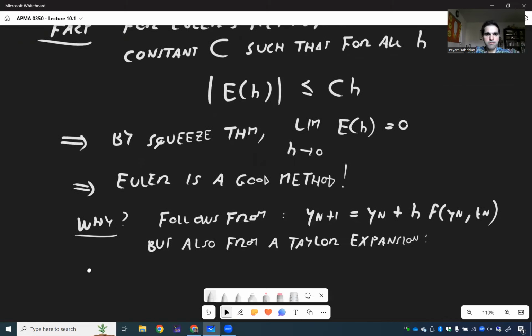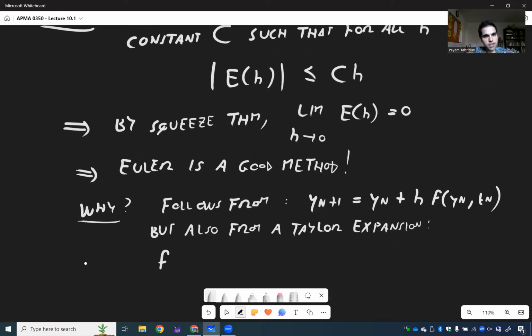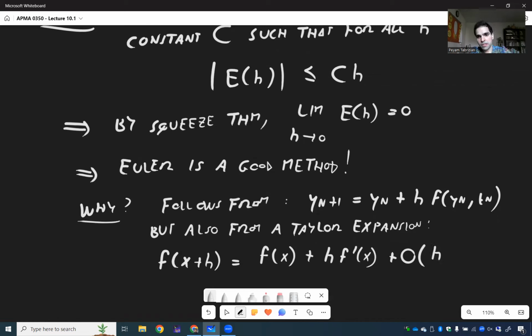Meaning, for instance, in general, f of x plus h: also the future is the present plus derivative and maybe some terms with h squared. If you look in the notes, you see that there is an h squared term, but because you do it multiple times, you have to divide by h, and then you do get that the error is less than or equal to C h.